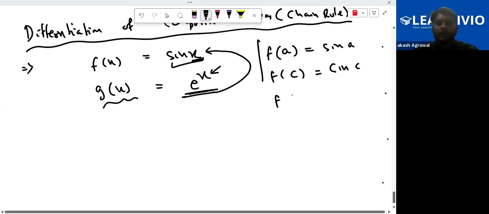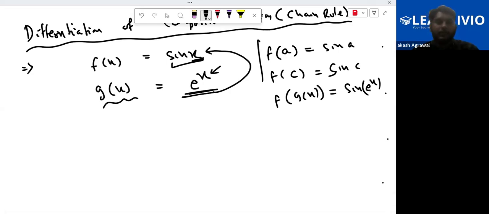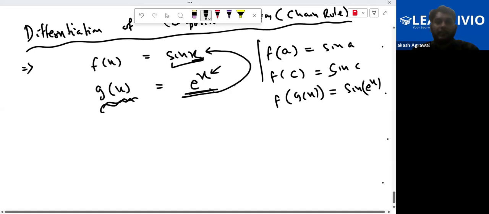So if I ask you what is f of g of x, what will you say? Sine e to the power x. Anyone has any problem with this? This is known as composite function, that a function itself became the input of another function.